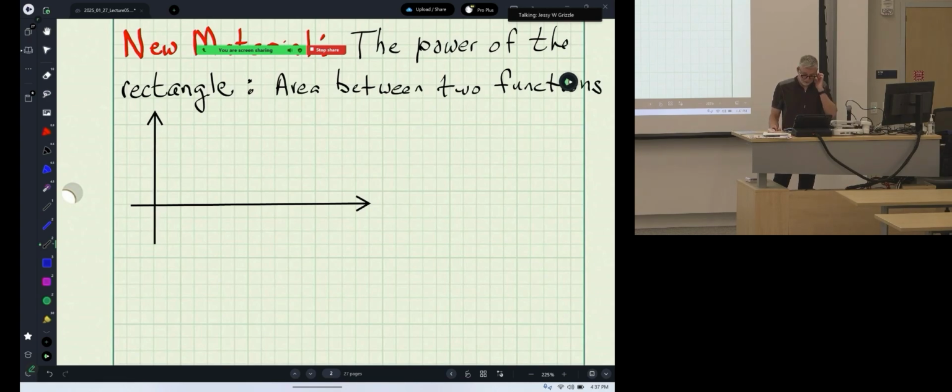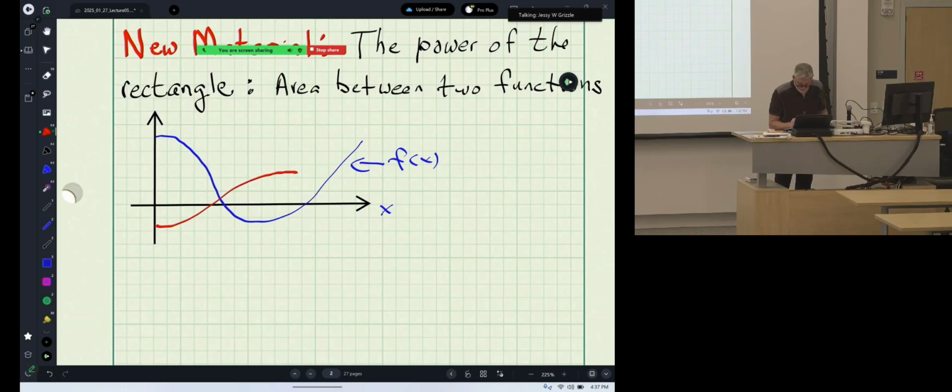Okay, let's get ourselves a little graph. One function we'll call f of x.